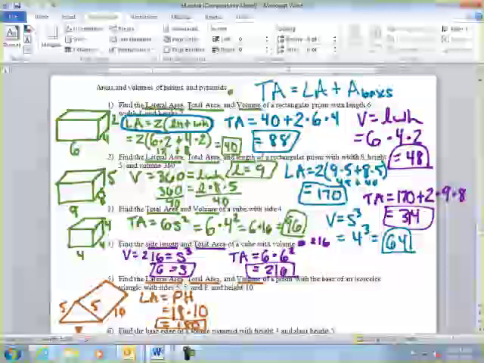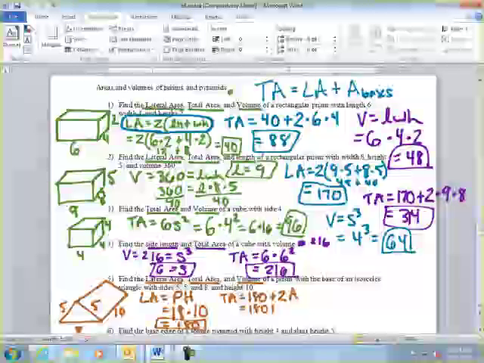Total area, we said at the beginning, was always going to be lateral plus, today we're working with 2 bases because there's a triangle on each end of this thing, times their area, the area of those triangles. In the last chapter, we learned about finding area of triangles.